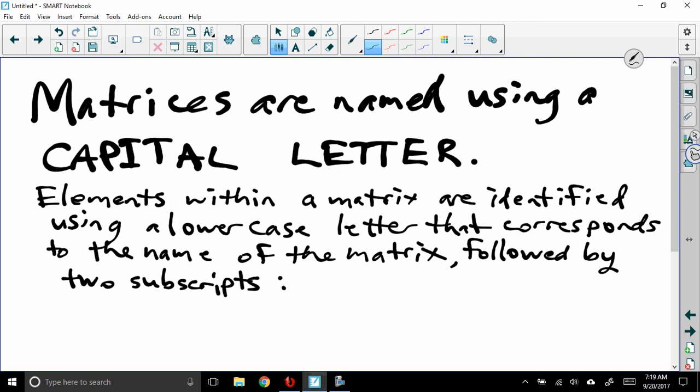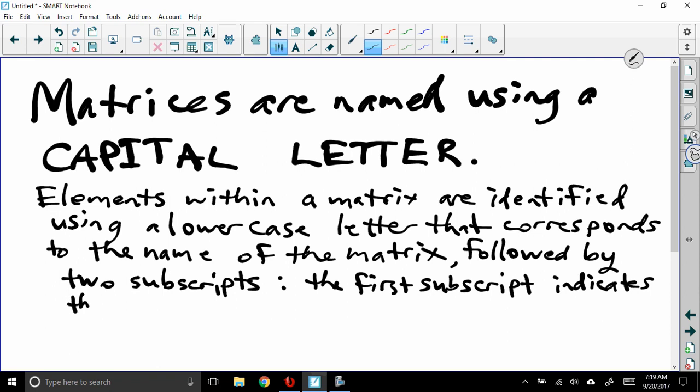The first subscript indicates the row the element is in.